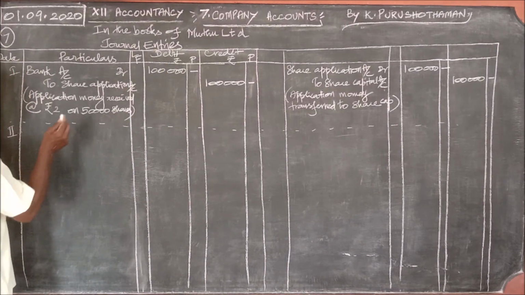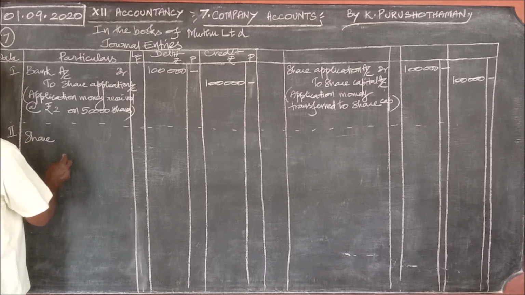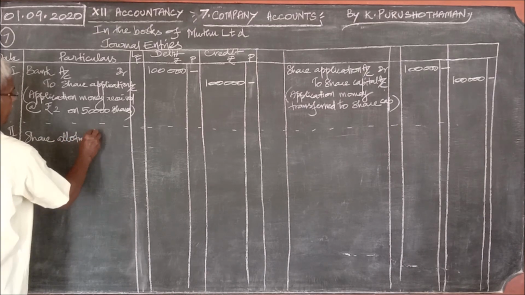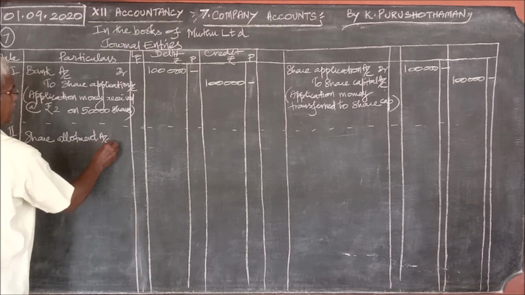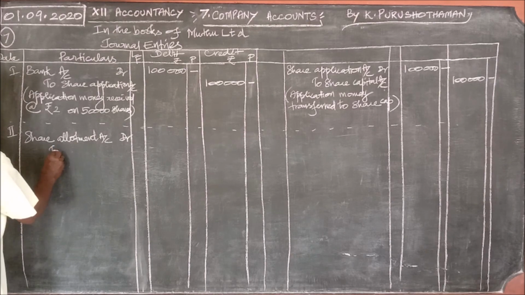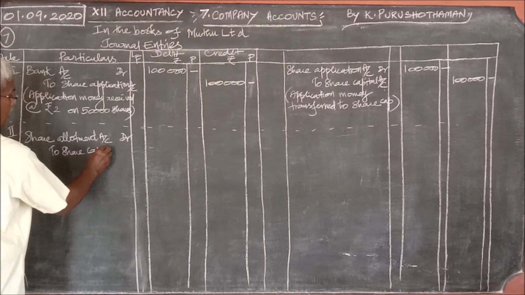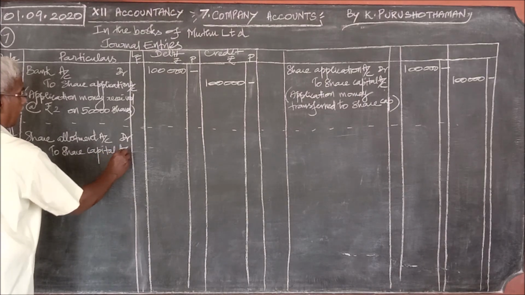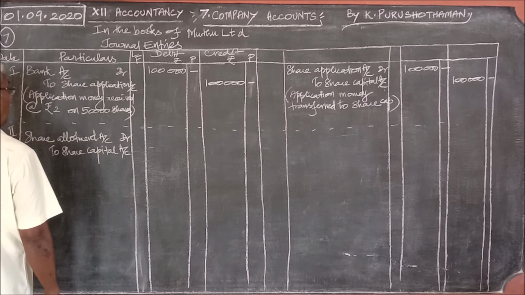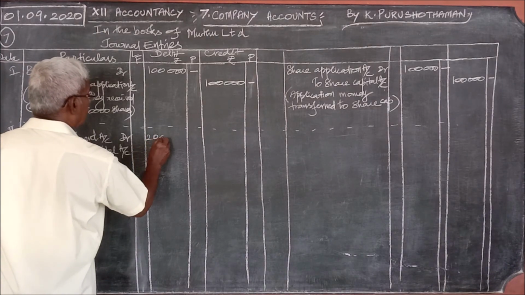Share application account debit to share capital, but this is not the application stage, therefore this is the allotment stage. Just change the name of the stage: share allotment account debit to share capital account. Amount for allotment stage is 4, therefore 4 into 50,000, 2 lakhs.